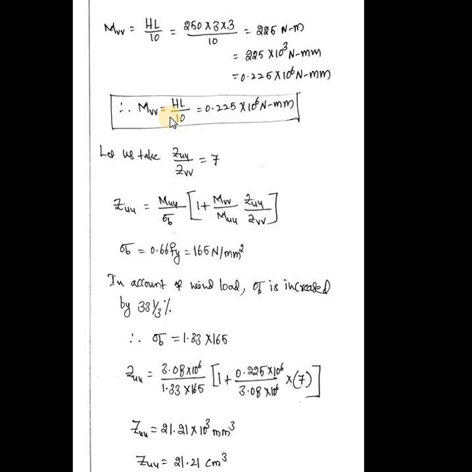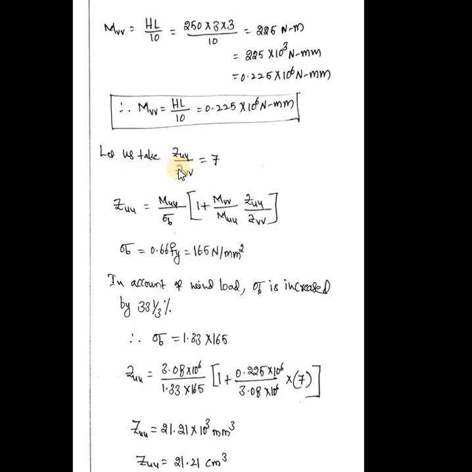Now we have the load calculation and moment calculation. We finished. Now before entering into the bending stress, we need to calculate the ZUU and ZVV values, both of these values we require.